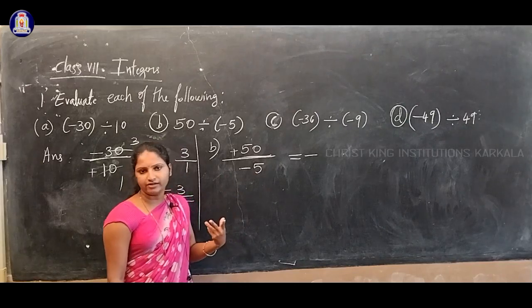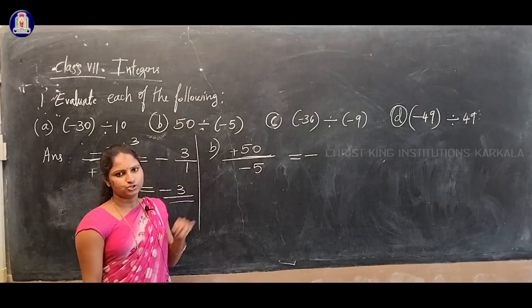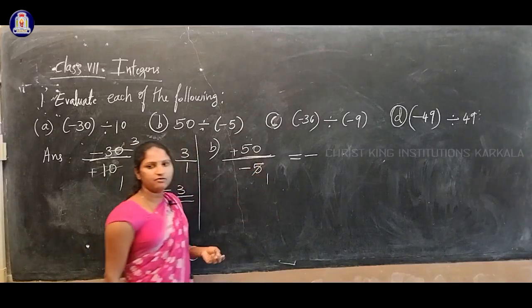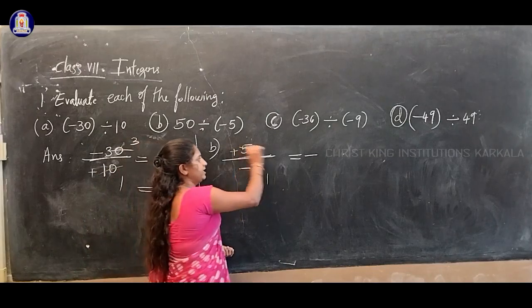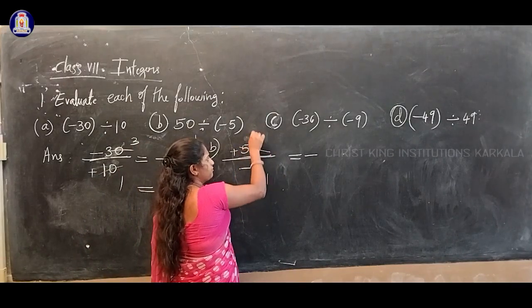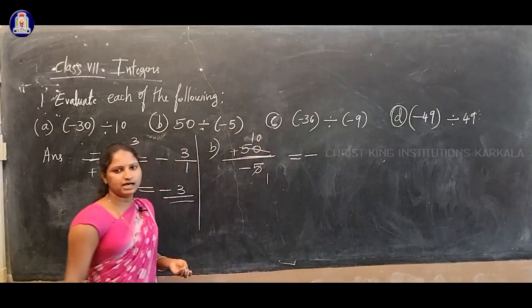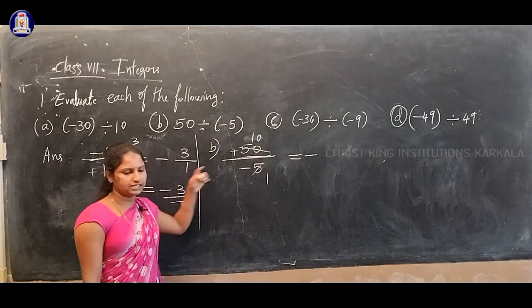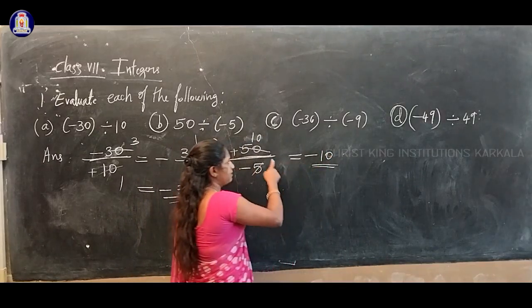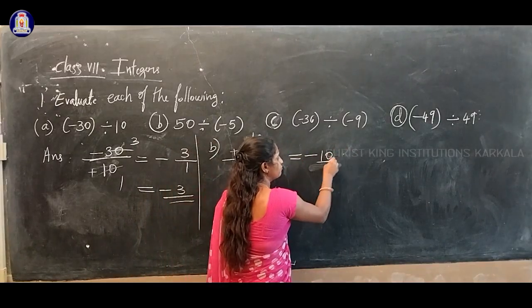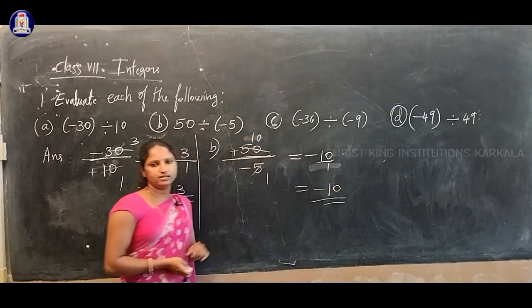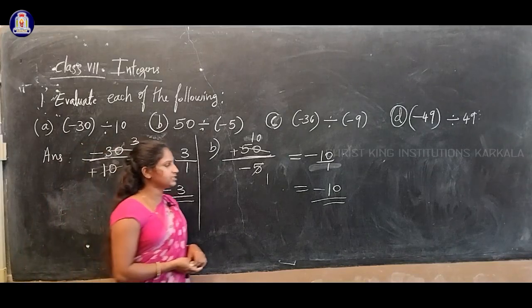You know 5 divides 50, correct? So we can divide directly. 5 ones are 5, and the 0 stays as it is. 5 tens are 50. So the answer is minus 10. Minus 10 by 1 we can write directly as minus 10. Clear?